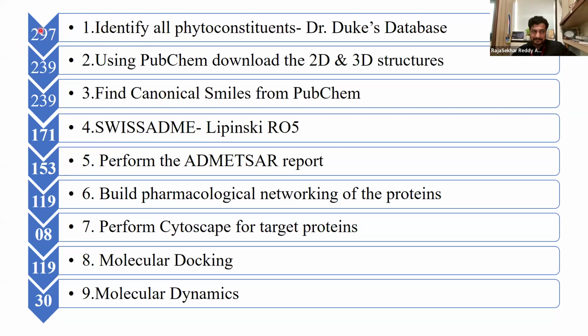These 297 were classified into alkaloids, flavonoids, and terpenoids, because these three classes were given a lot of emphasis for diabetes. From there, we got 2D and 3D structures for only 239 structures, and almost 60 structures were lost because their structures were not mentioned anywhere.